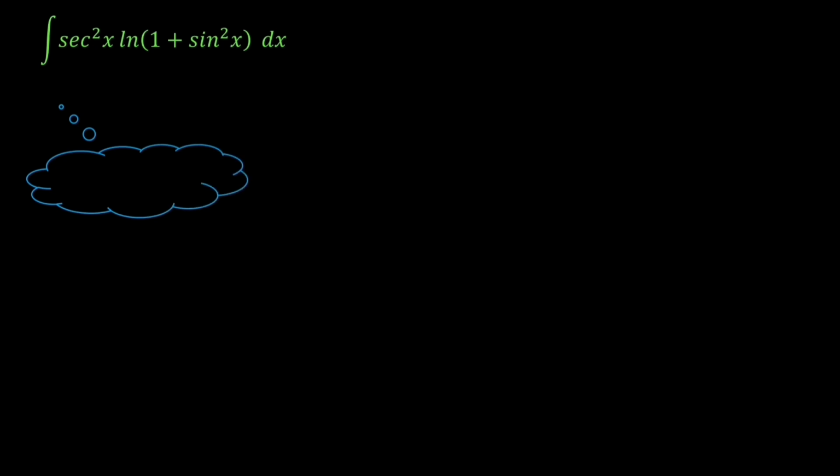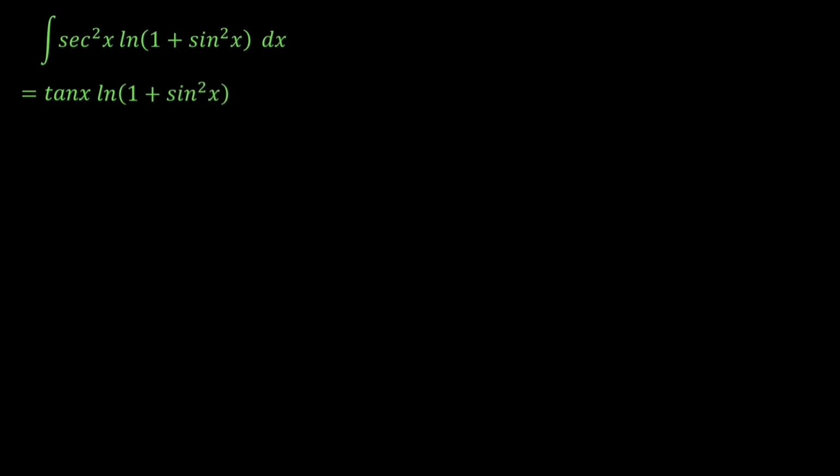Integral of sec² θ equals tan θ. So we can write the integral of sec² x as tan x. After that we can write the ln(1 + sin² x) term as it is. Now minus integral tan x into the differentiation of ln(1 + sin² x).